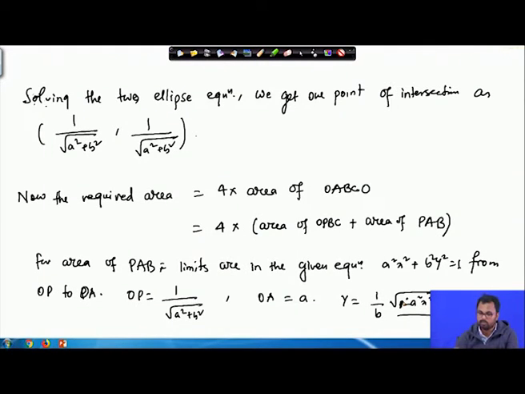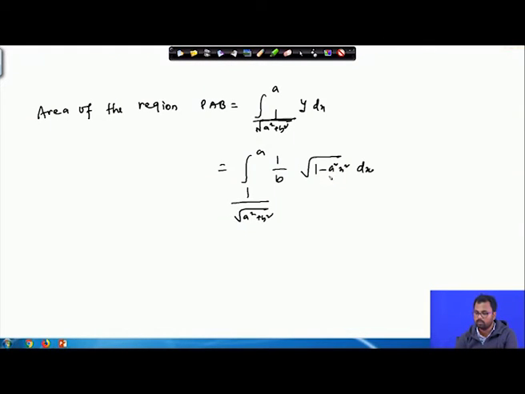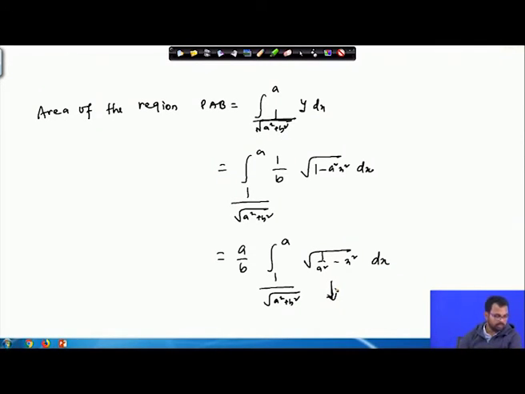So, we have to calculate the integral. This is pretty straightforward. We will take A square out from here. Then it will be the integral from 1 by square root of A square plus B square to A of the square root of 1 by A square minus x square, and then we will use the known formula of integral calculus.